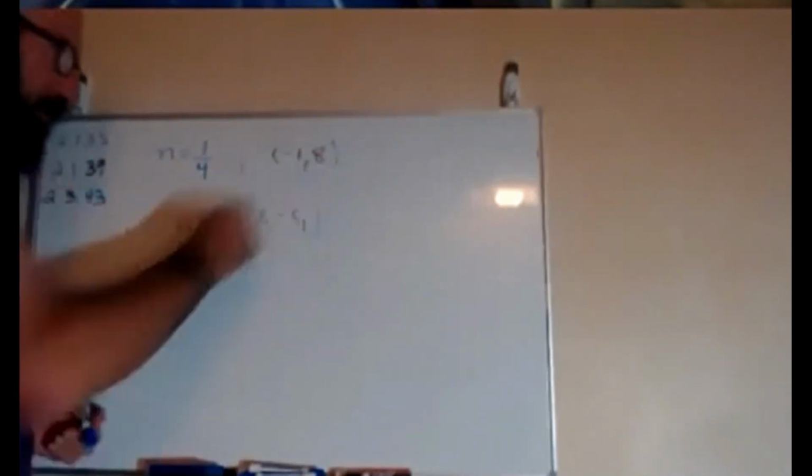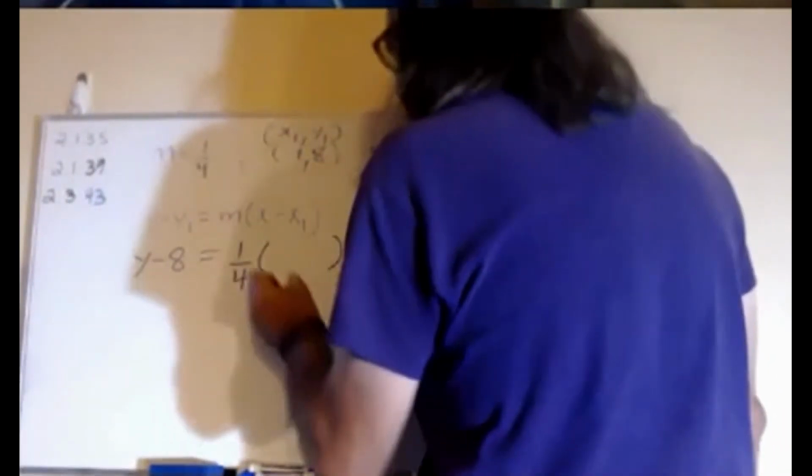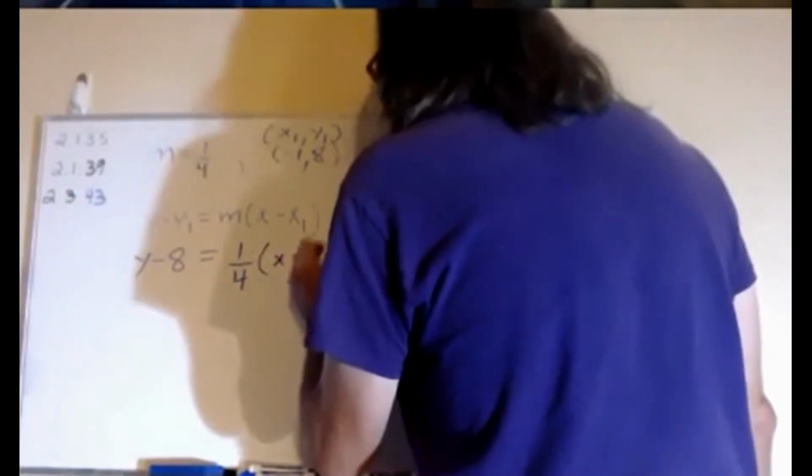The 8 is our y1. Of course, obviously, this is slope of 1/4. So y minus 8 equals 1/4 times the quantity x minus -1.